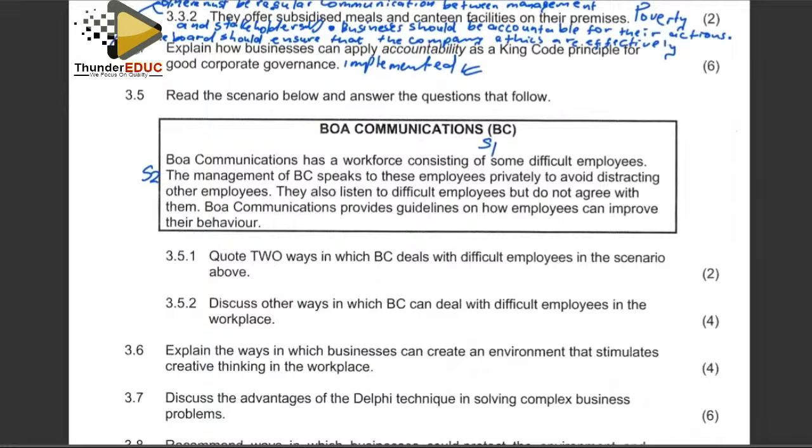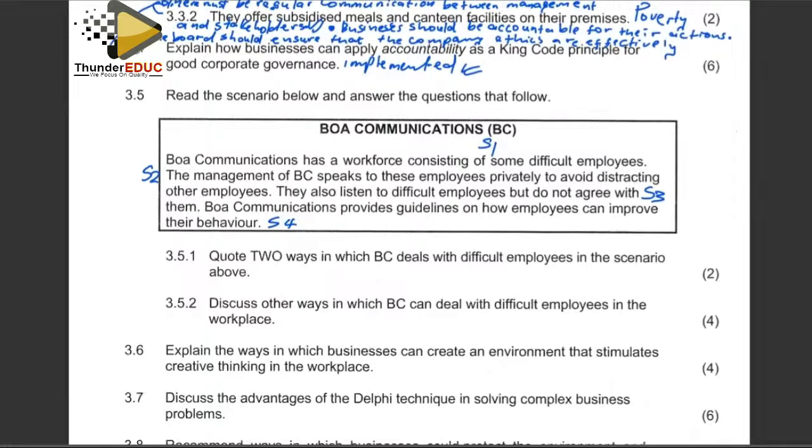And then we have sentence 3, where they also listen to difficult employees but do not agree with them. Lastly, we have sentence 4, where BOA Communications provides guidelines on how employees can improve their behavior. Okay, right. So now let's check 3.5.1, what it has in store for us.